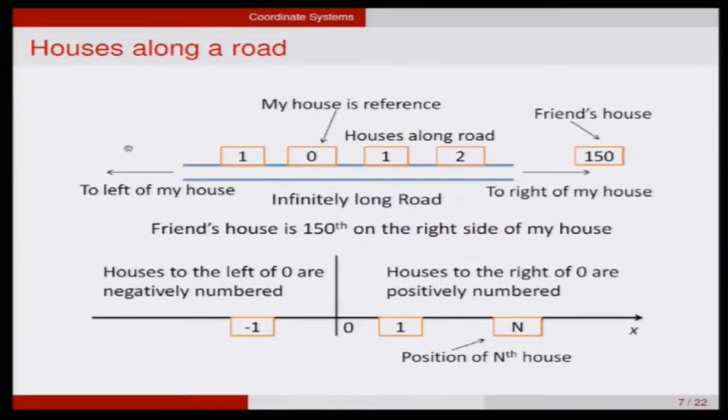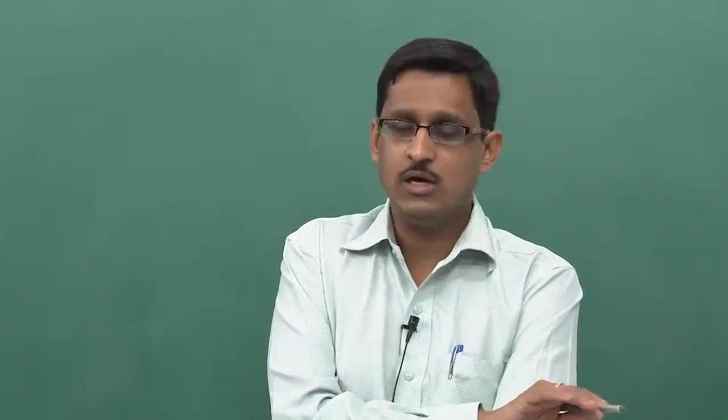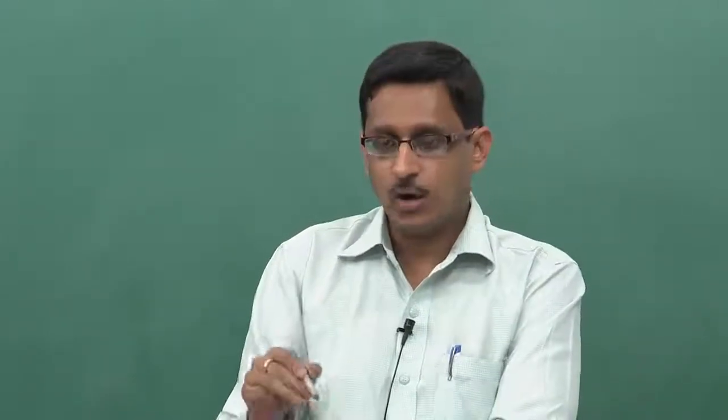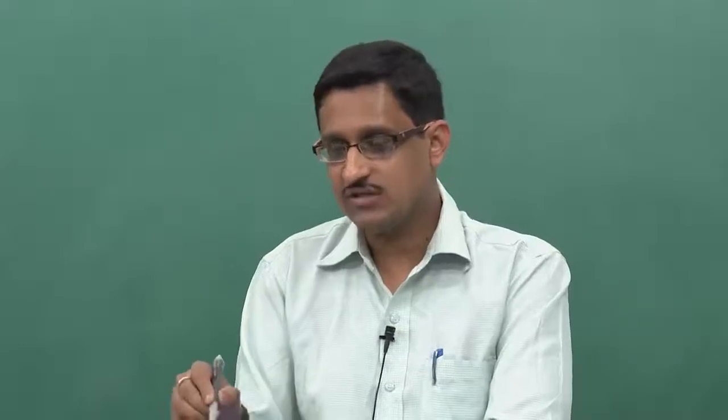Now, if I say house number 5, you would be confused. Why would you be confused? Because I am not specifying whether this house number 5 is to the right of my house or to the left of my house. So, once I fix the reference, I also need to specify the direction in which I have to find this house.